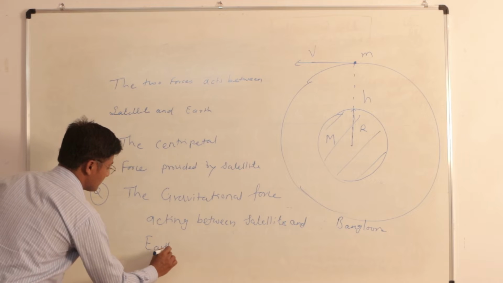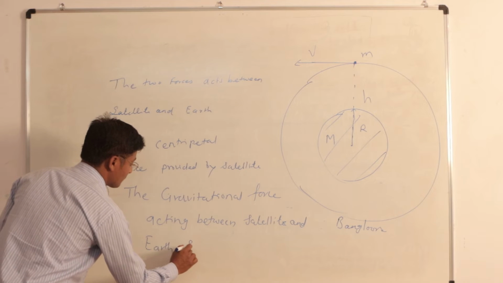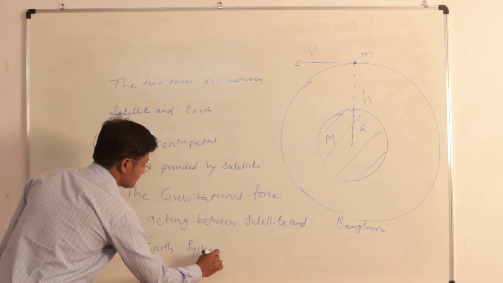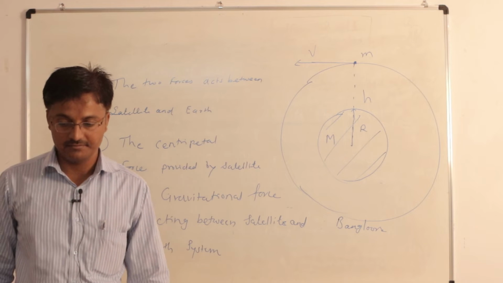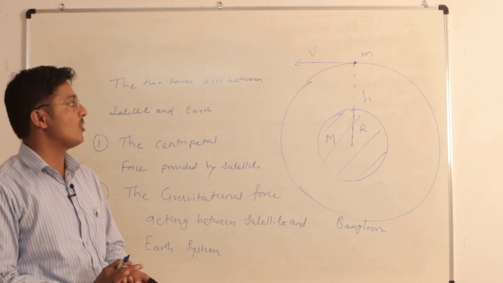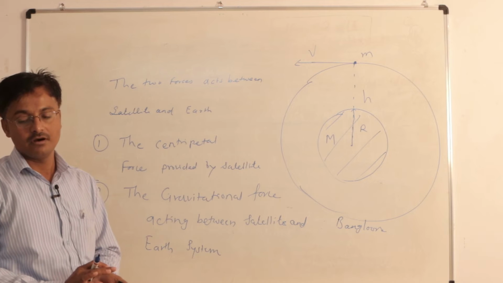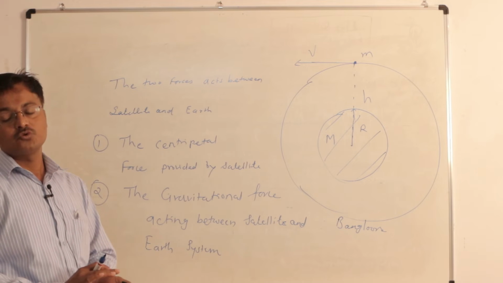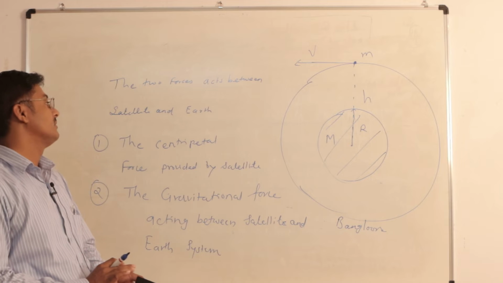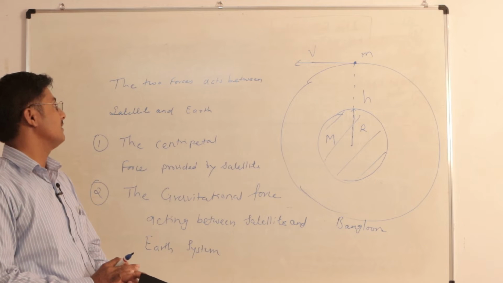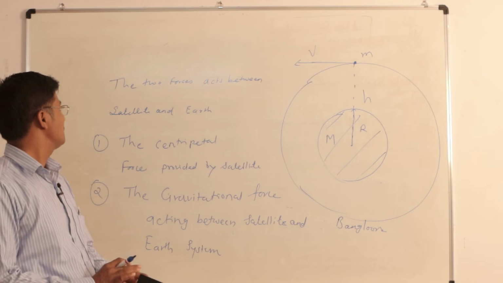So clear cut आपल्याला दोन फोर्सेस इथे दिसत आहेत. जर कोणतीही बॉडी सर्क्युलर मोशन्स मध्ये असेल, because satellite is orbiting in circular motion around the earth, so these two forces basically are involved in this system.